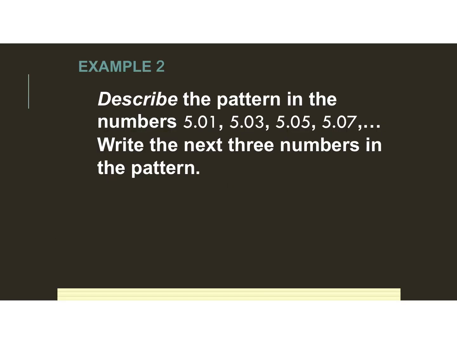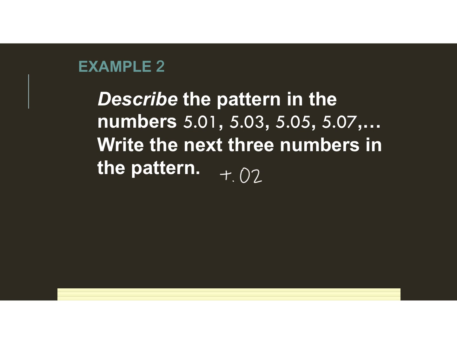Looking at example number 2, it says describe the pattern in the numbers 5.01, 5.03, 5.05, 5.07. Write the next 3 numbers in the pattern. Can anybody tell me what my pattern is? Hernan? Plus 0.02. Good. So this was a pretty easy one. You're just adding 0.02.